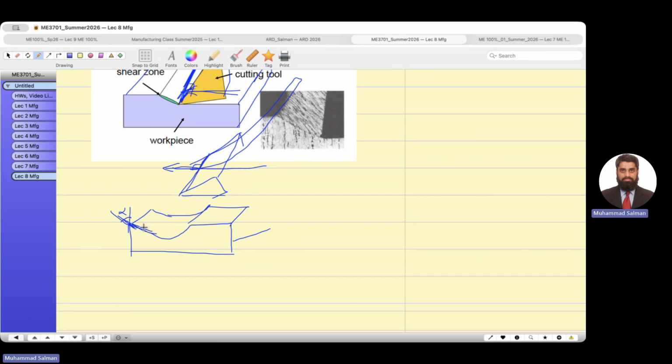The slope is towards the back side. If the slope is towards the front side, it's a negative rake angle. Sometimes there is no angle. And in this, you see, is a clearance angle. I did not draw the clearance angle. And this is nothing, just the clearance angle.